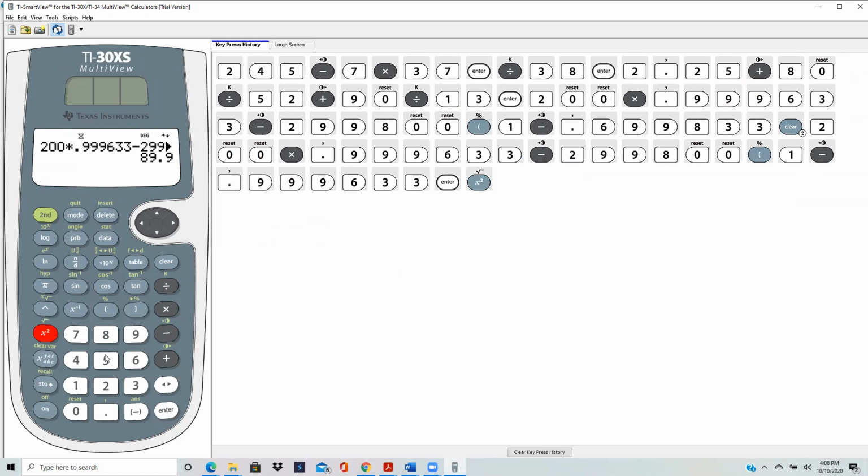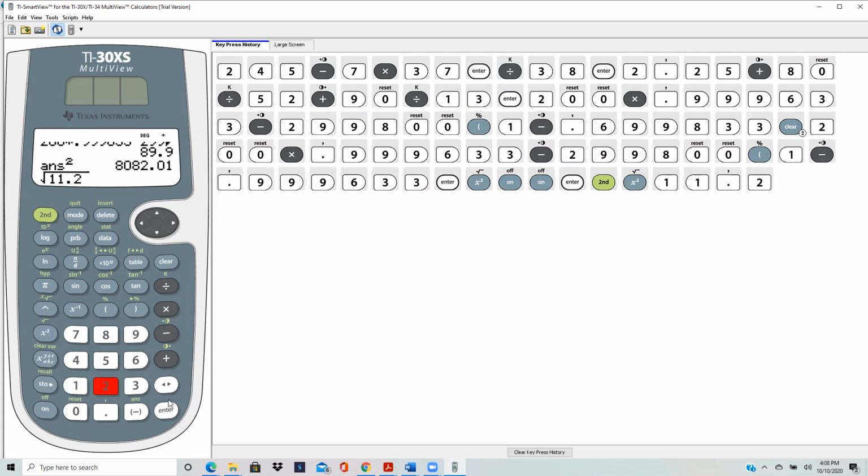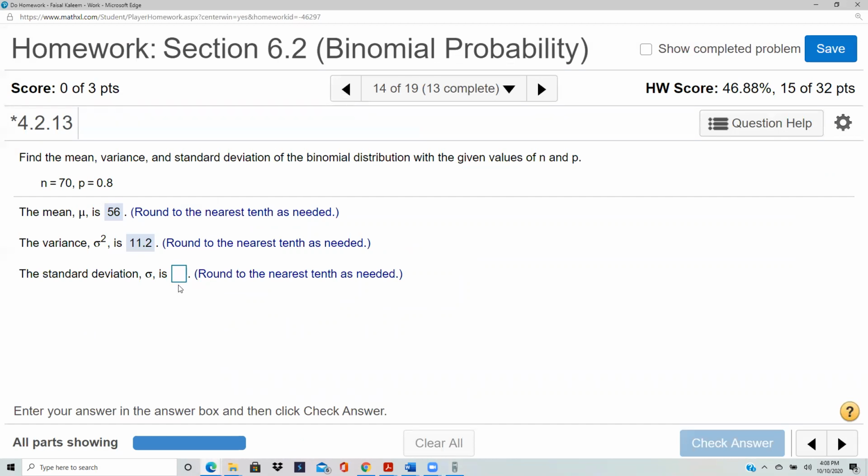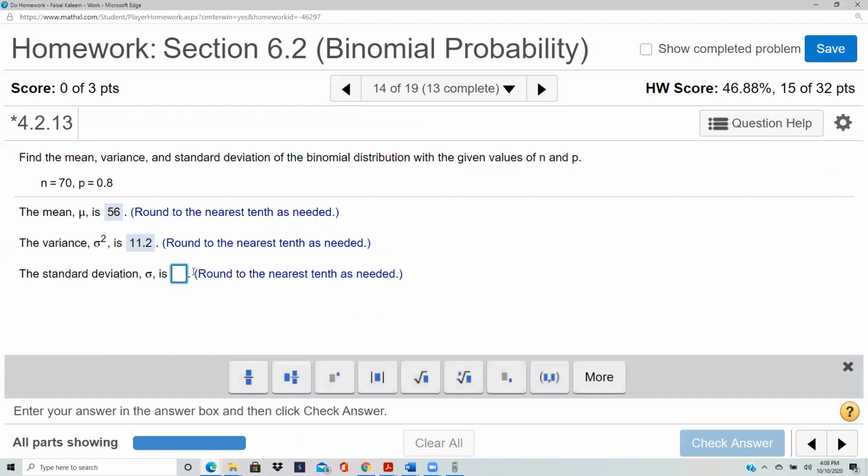So square root is the second function of 11.2. So that's 3.3466. So 3.3.